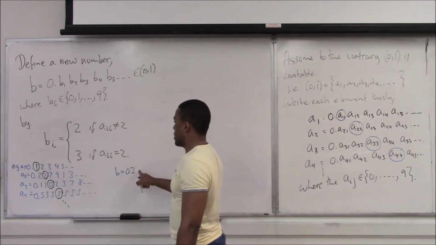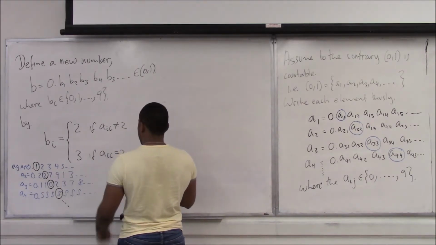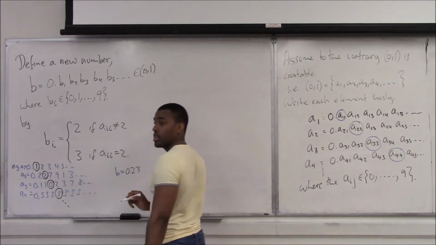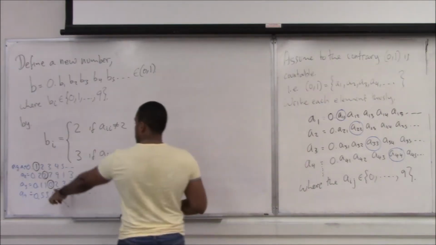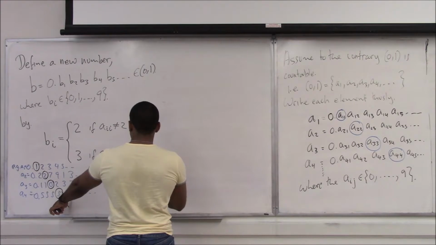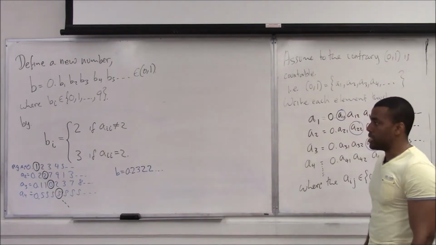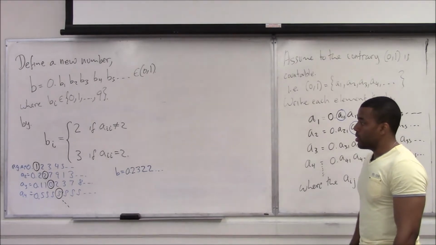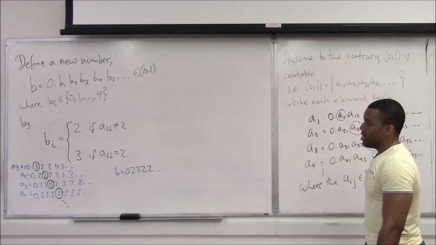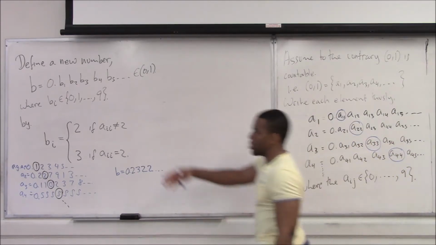Okay? Go to the second element. It is 2, so instead I'm going to write 3. Third element is not 2, I'm going to write 2. This element is not 2, I'm going to write 2, and so on and so forth. Right? So I'm creating a new decimal expansion based on that criteria. For each Ai, look at the digit in the ith position after the decimal place and change it according to this.